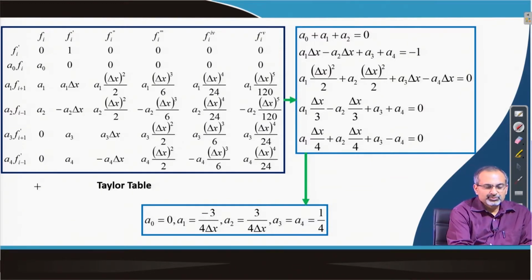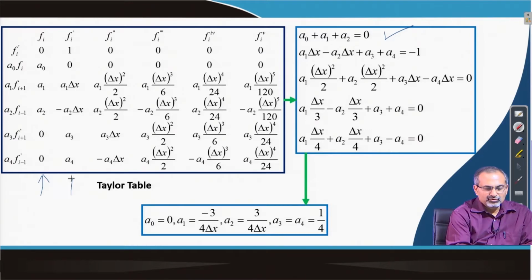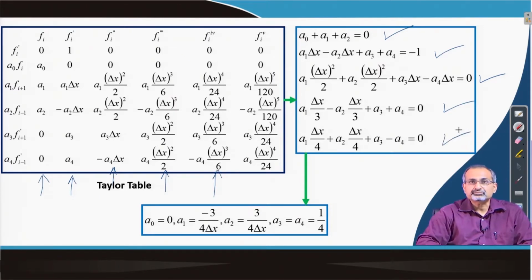So, we start the procedure by looking at the column for f_i, and that column produces this equation. Then we move on to f_i dash, we get the second equation, f_i double dash the third equation, triple dash the fourth, and the fourth derivative gives us the fifth equation.